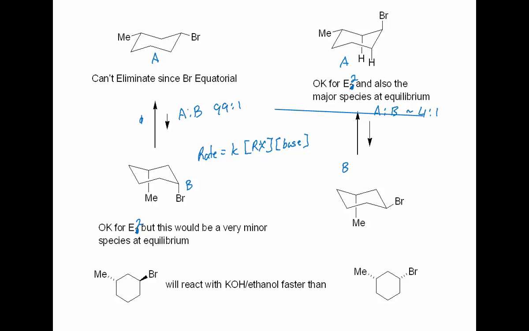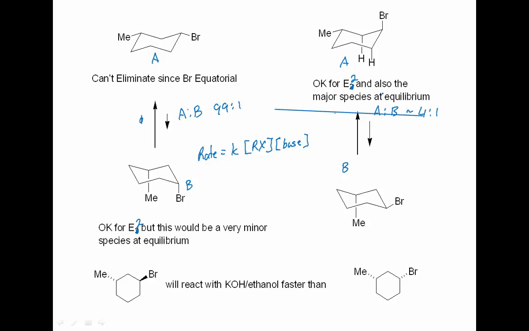Here, the conformation that's capable of eliminating would be a very small amount, 1%, whereas it's like 80% of the conformation at room temperature here. So we're expecting a huge rate difference between these two reactions, and the one on the right should eliminate much faster.